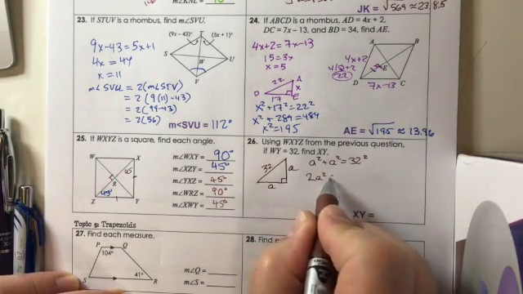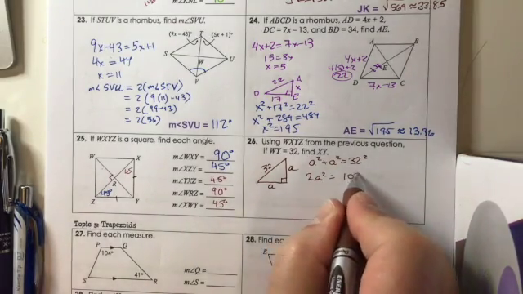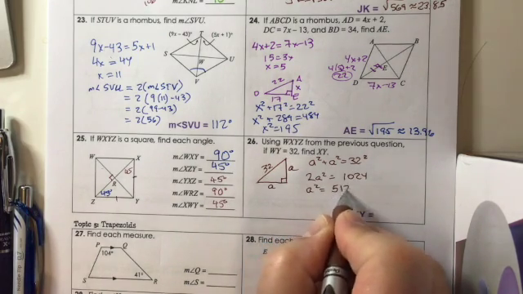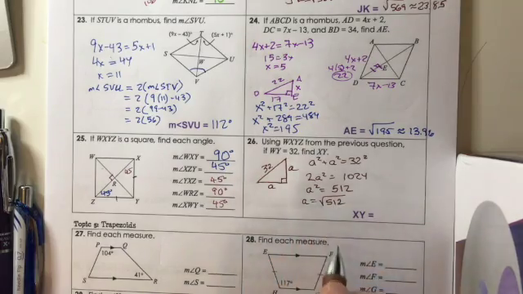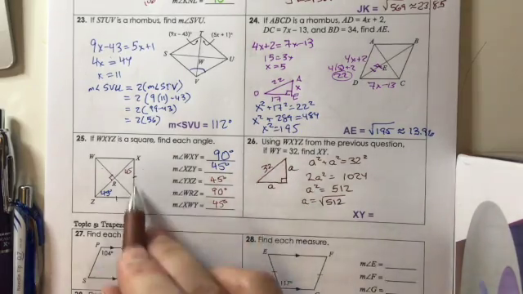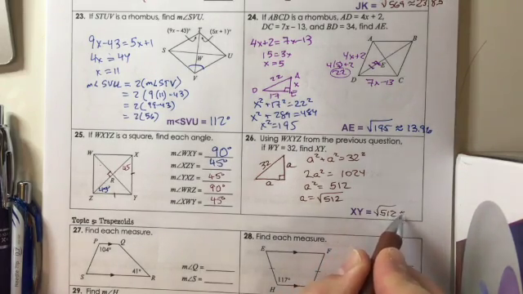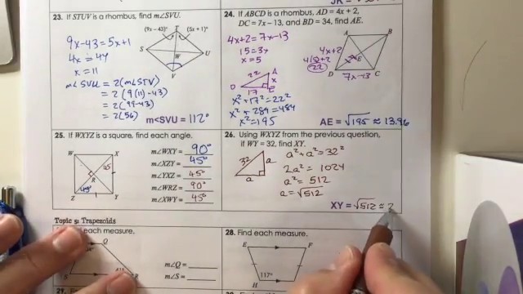So 2A squared equals 1024, which means A squared equals 512. So A is the square root of 512. That's that side, which is the same as XY. So the square root of 512 is approximately 22.63.